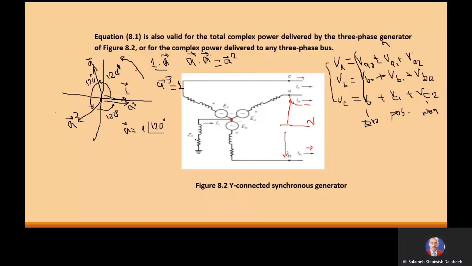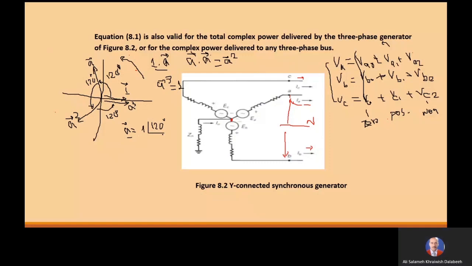Okay. So if this vector is multiplied by another vector, the magnitude of the vector is unchanged, while the direction of the vector is changed.